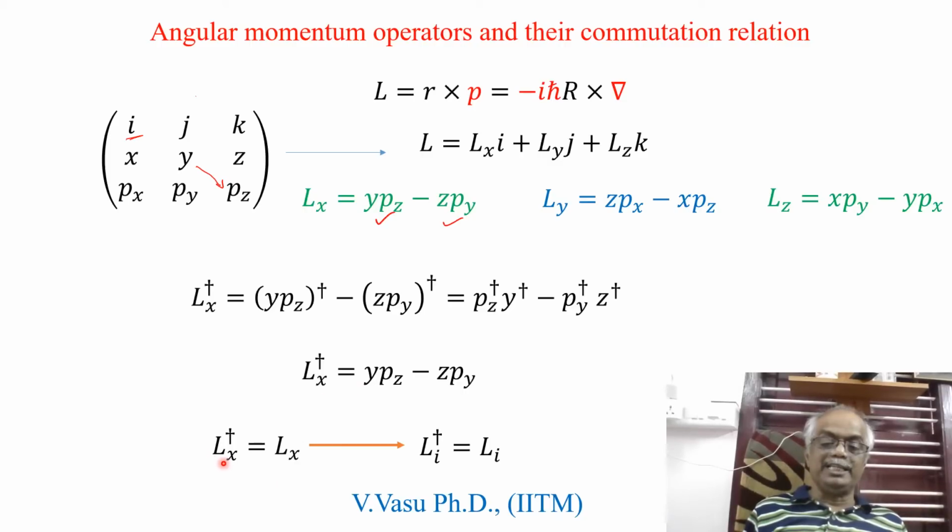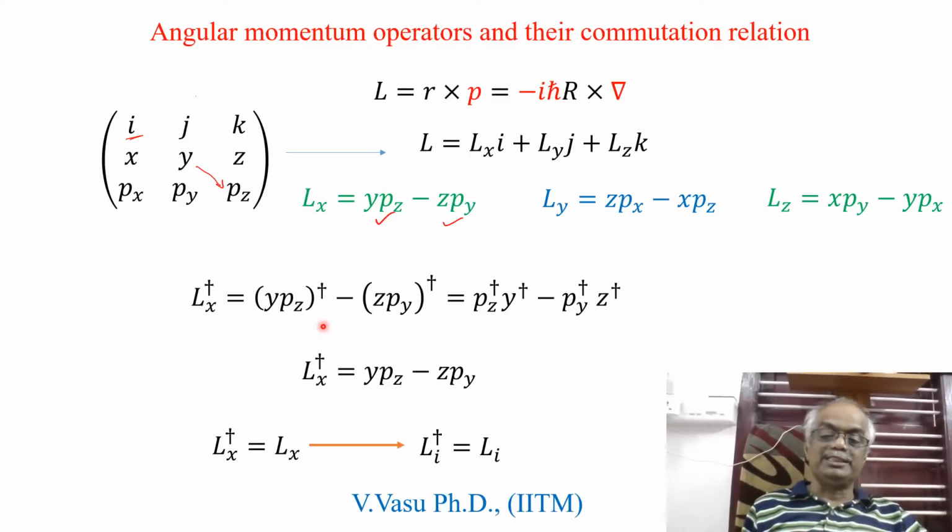So Lx dagger is equal to Lx. In general, we can write Li dagger is equal to Li, where i stands for x, y, z. That means it is a Hermitian operator. That is, these operators are observables. That is the important point I would like to highlight.